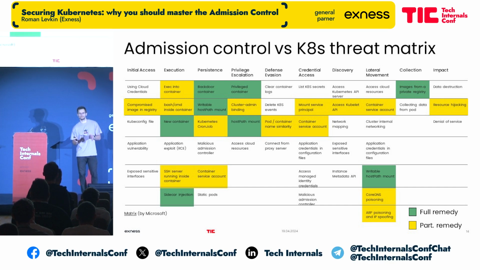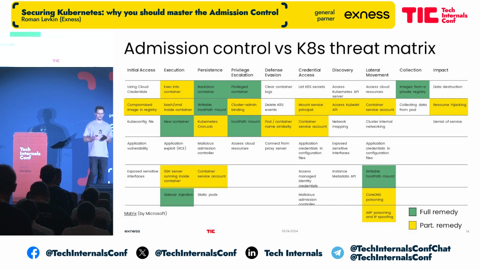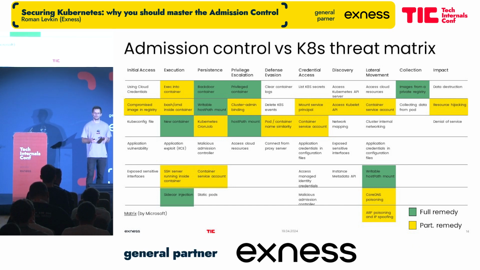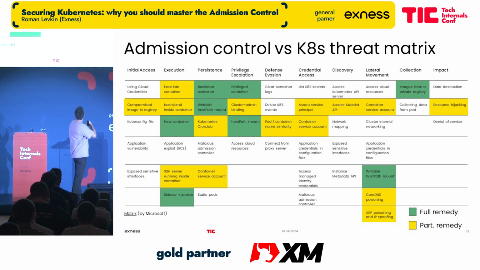I took green color and put it on the threats that can be fully remediated using admission control. And as you might guess, yellow means that the threat can be remediated partially, or where admission control can be used to assist other controls to fully remediate the threat. And I was quite strict with myself when placing these colors.